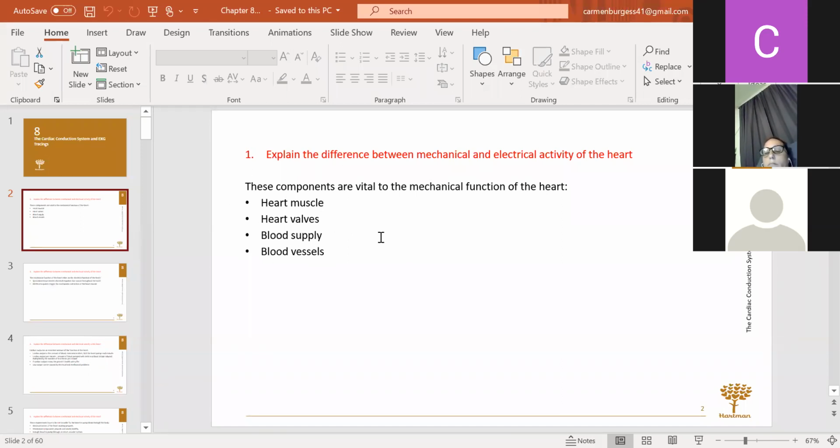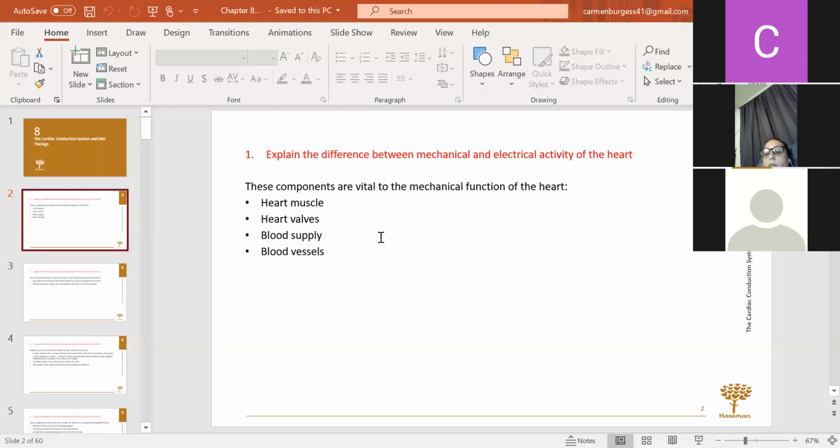These are the components. If I ask you, what do you have to have for your mechanical function of your heart to work correctly? You have to have muscle, right? What else mechanically is happening? Try to envision the heart. When I say mechanical, that's the part that's physically moving. So what do you have to have? Those valves, right? What else? Blood supply.